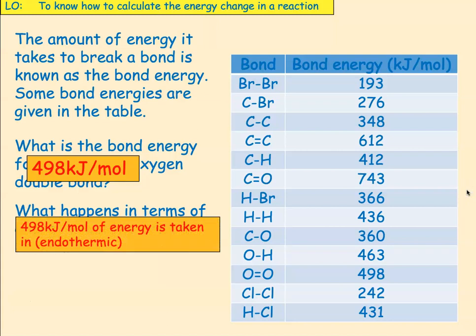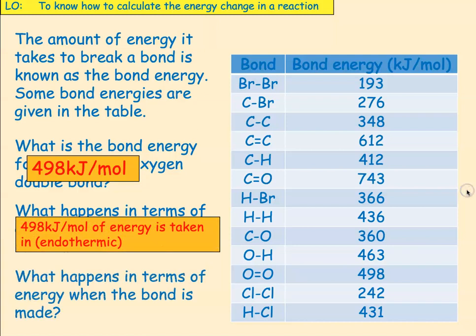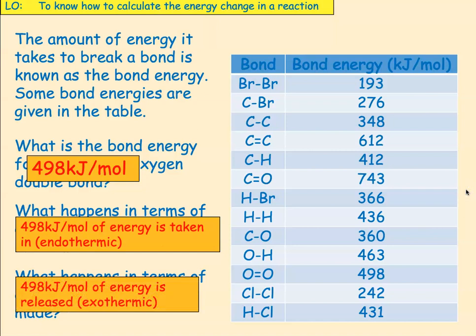Right, you take in 498 kilojoules of energy. It's endothermic. What happens in terms of energy when the bond is made? That's right, 498 kilojoules is released. It's exothermic.